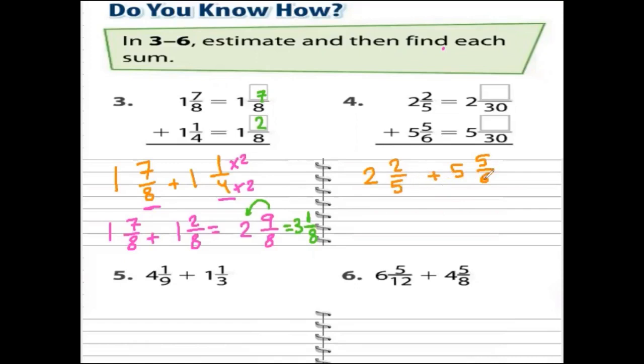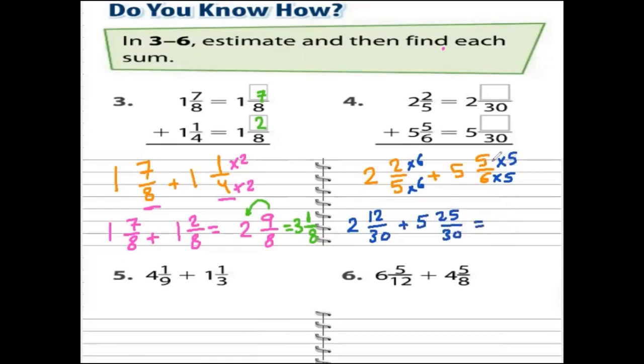Can I make the 5 become 6? No. So I'm going to multiply by 6 up and down, and here by 5 up and down. Now, what are the new fractions? It's 2 and 12 over 30 plus 5 and 25 over 30.